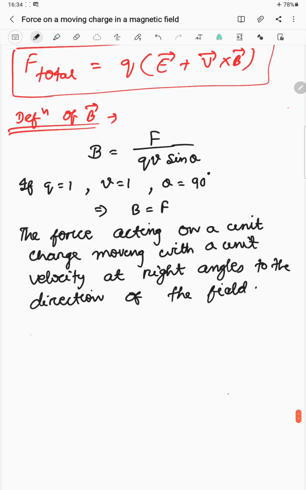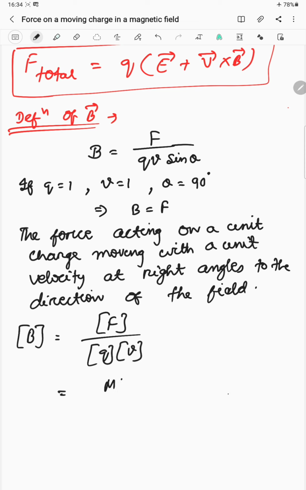Okay. Then let us go to find out the dimension of this magnetic field. That will be the dimension of F divided by the dimension of q, then the dimension of v. Force dimension, all of you know it, it is MLT to the power minus 2. Then what about the dimension of q? That is AT. Then velocity will have the dimension LT to the power minus 1. So let me solve this.